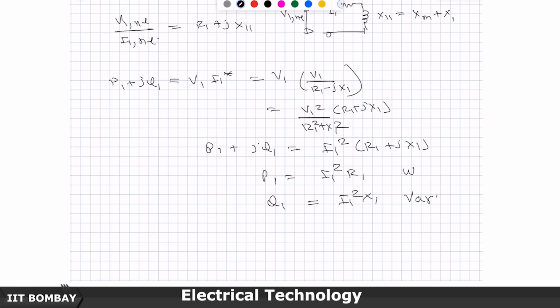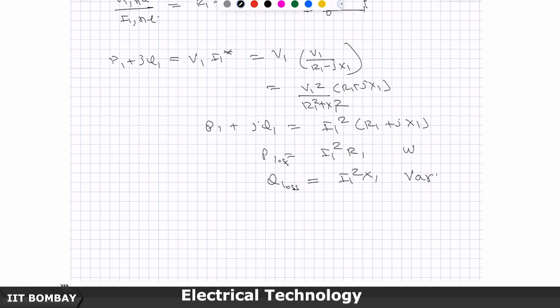Probably we are seeing this formula for the first time, but Q1 is analogous to P loss. The first you can call active power loss, I1 square R1, and the second reactive power loss, I1 square X1.